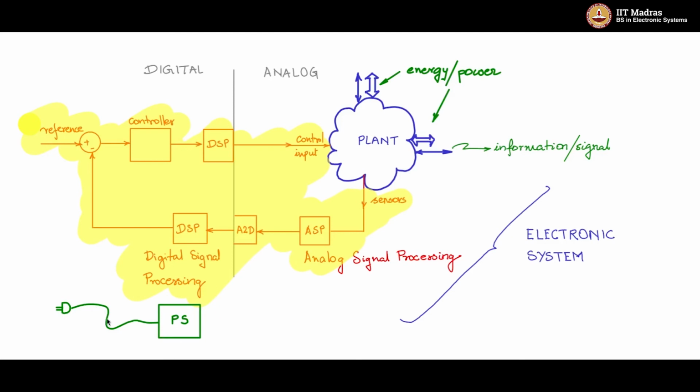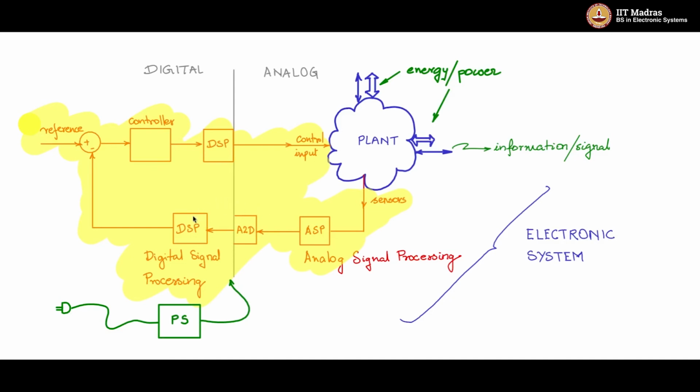So from this 230 volts AC, it needs to be converted to DC, and an appropriate voltage is applied to all these electronics. This voltage may be 5 volts, depending upon the electronics, whether it is digital or analog.